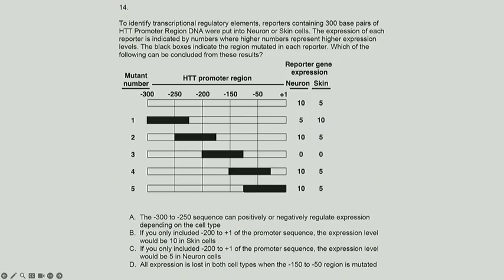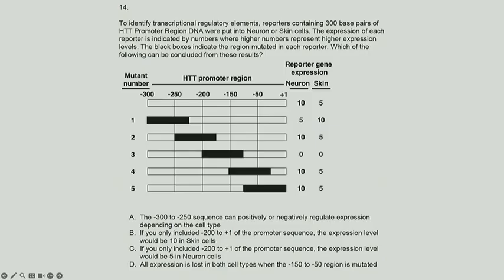If you just mutagenize -250 to -175, you don't get any change in expression. So if I'm only working with the -200 to the +1, I've lost the regulatory element that's in 1. Whatever is controlling neuron and skin to be 5 and 10 gets lost in the -200 to the +1.